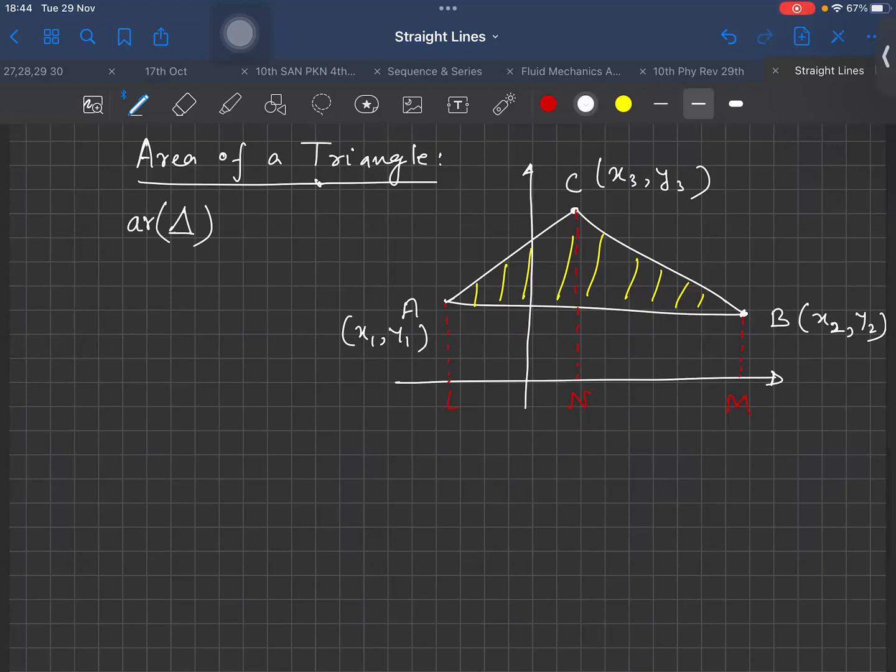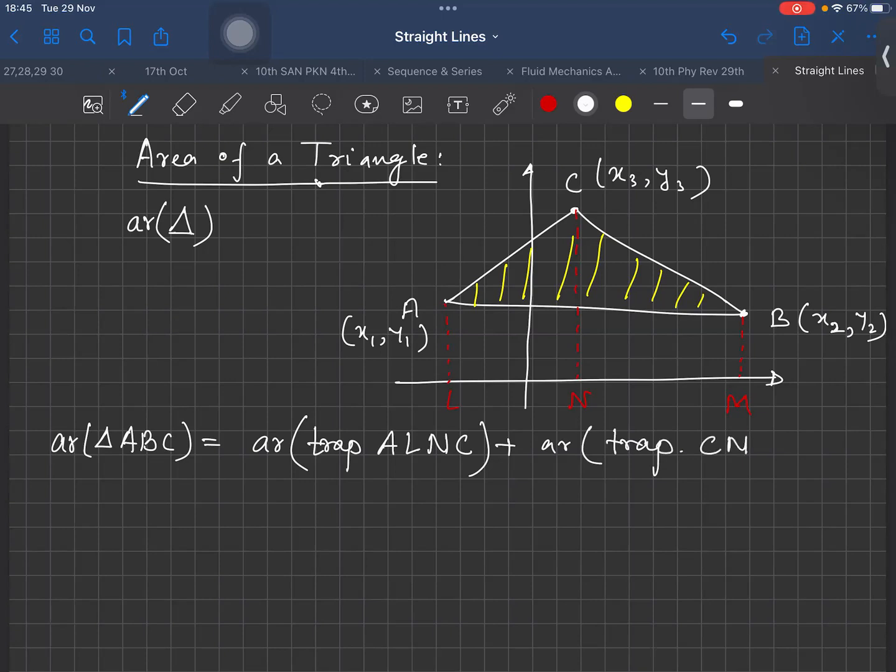So area of triangle ABC can be equal to area of trapezium ALNC plus area of trapezium CNMB minus area of trapezium ALMB. Can you see this?